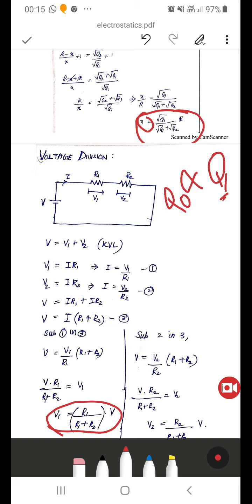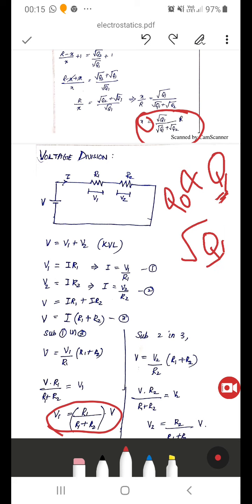Since x is the distance from q1, root of q1 is in the numerator. Similarly, V1 is the potential drop across R1, hence R1 is in the numerator.